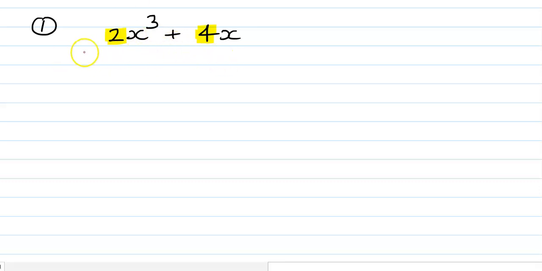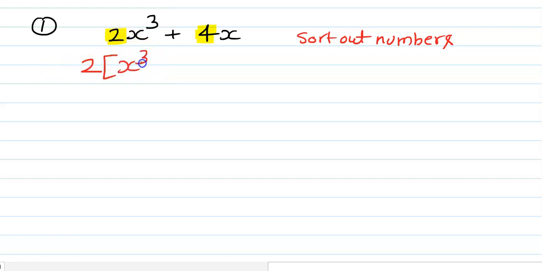I'm doing step by step. So first sort out numbers. In the 2 times table, 4 comes and 2 is the highest factor. So you can take it out. So 2 is out. So what is left here? x^3 and 4 divided by 2 is 2x.